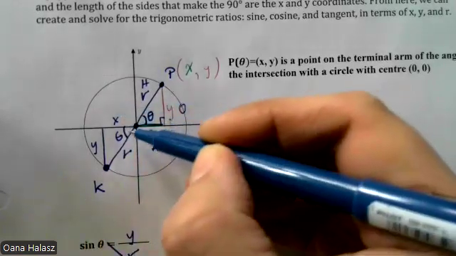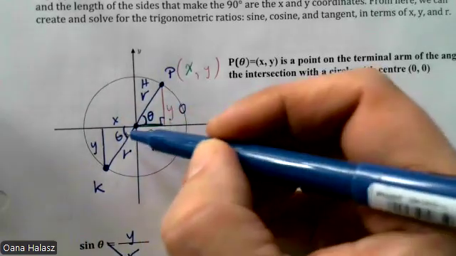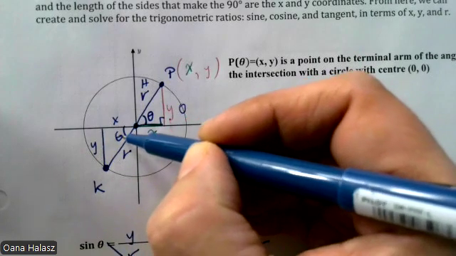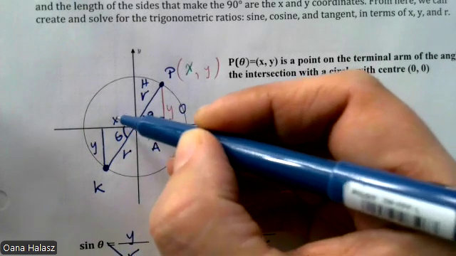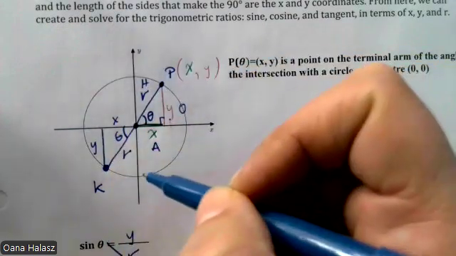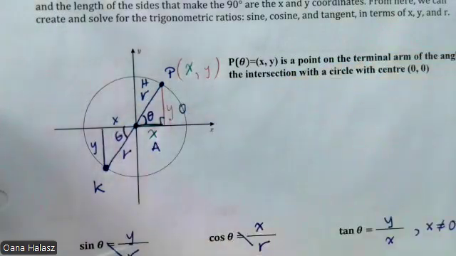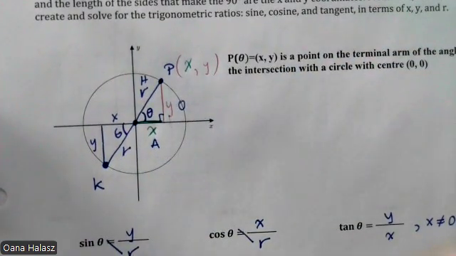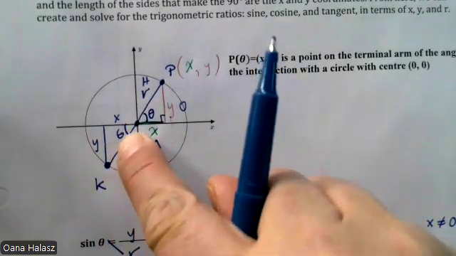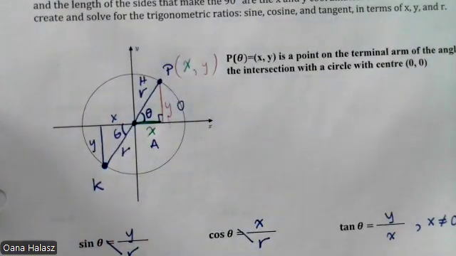So sine of this theta is going to be opposite, which is y divided by r. Cosine of this theta is going to be the x divided by the r. So it doesn't matter really where on the circle you are, these relationships will stand, but you have to talk about this angle right there, the central angle.